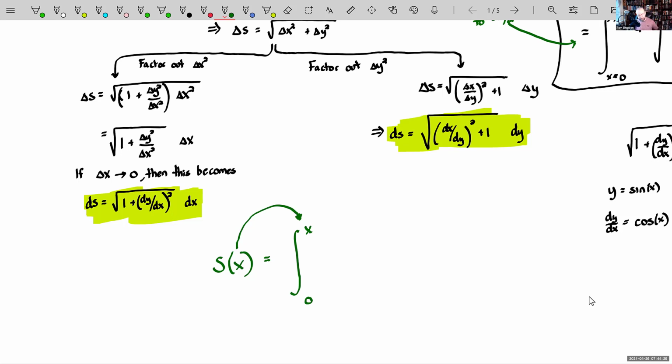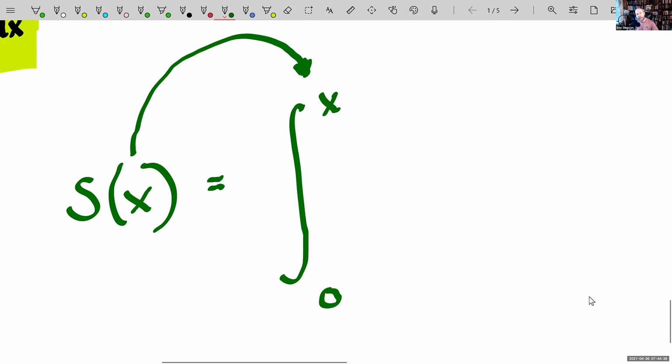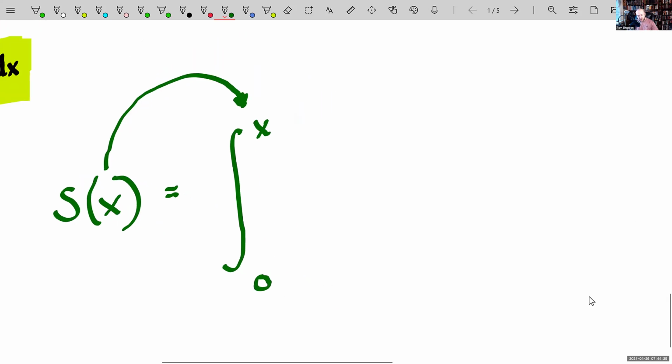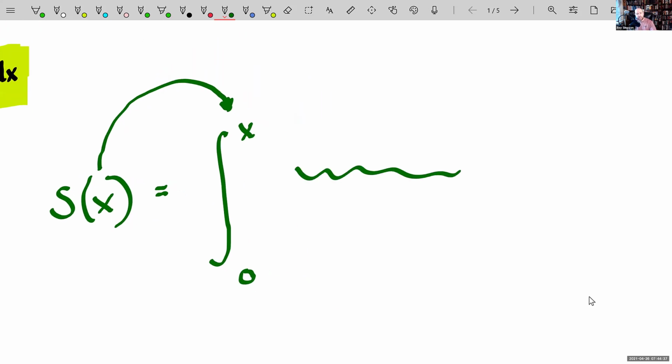But when you build an integral, if you have a variable within your limit, like in this case, we have an x in the limit, this stuff in here cannot have that x. It has to be a completely different variable.